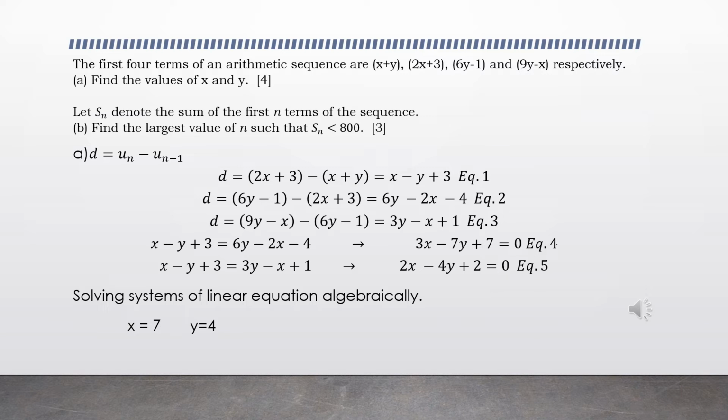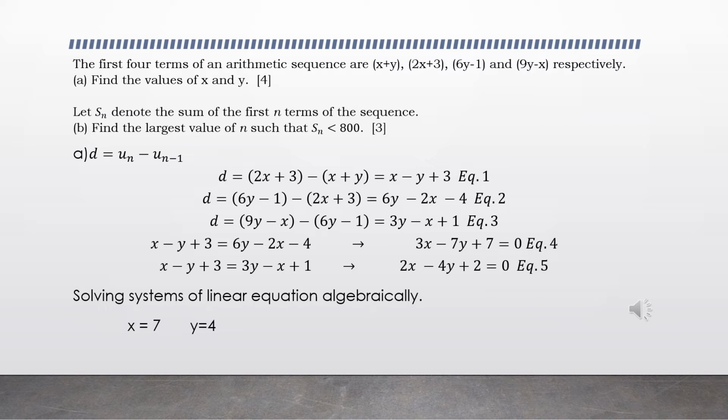Simplifying that, we'll have 3y minus x plus 1. Let's call it equation 3. Now we know all the differences must be the same throughout this sequence. So let's say d equals d. So 1 could be equal to 2, 1 could be equal to 3, 2 equal to 3 also.